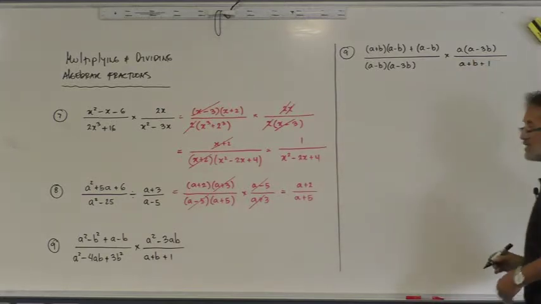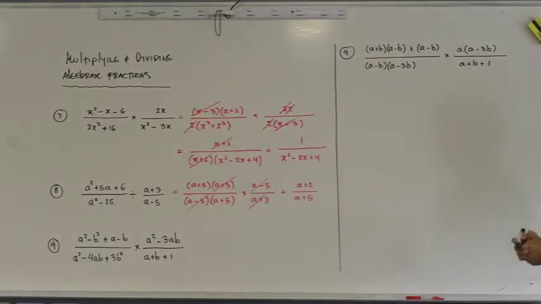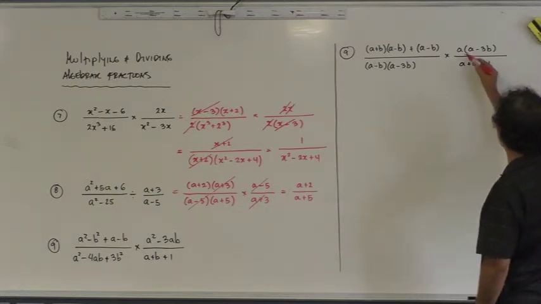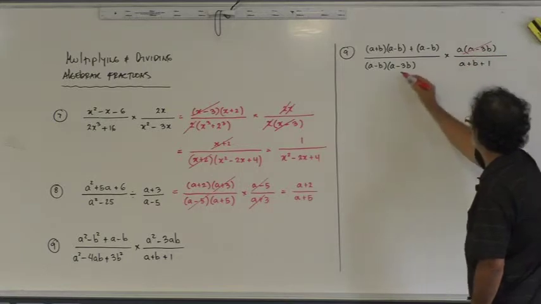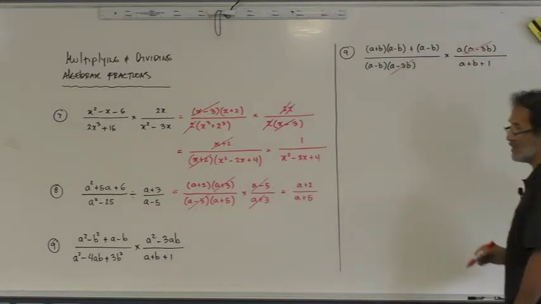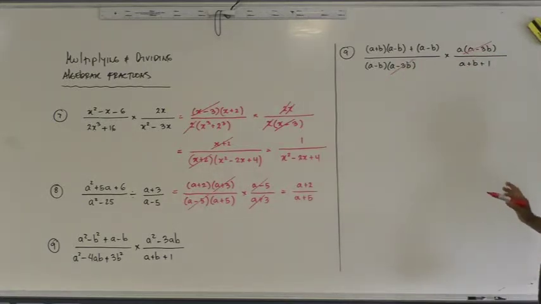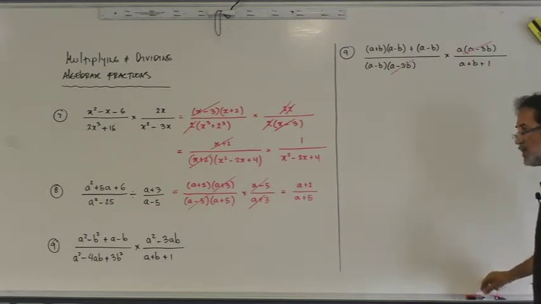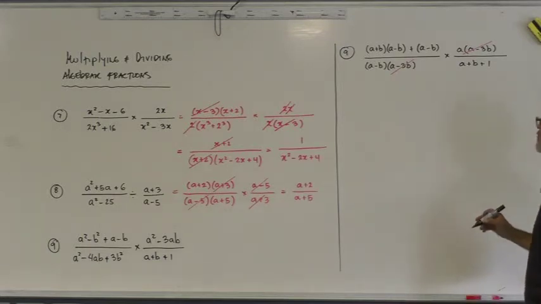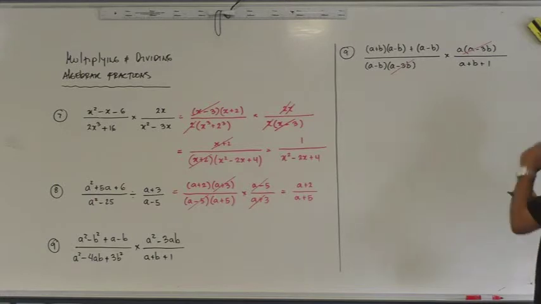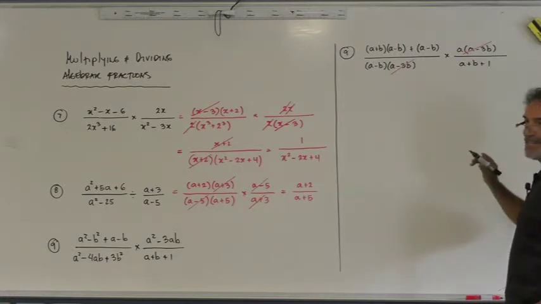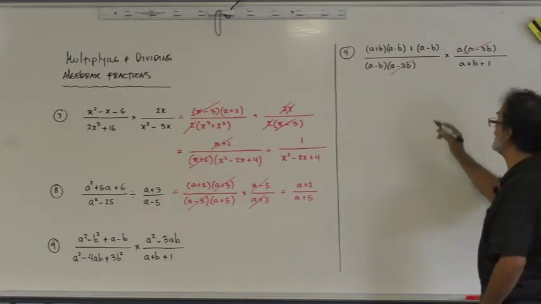Now let's see what we can simplify so far. Can you see that we can simplify this with that one? And that's it. We cannot simplify anymore until we do. Not yet. Okay, let me show you something.